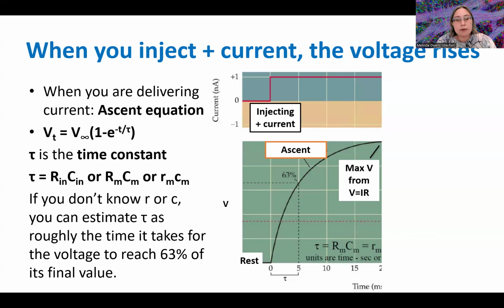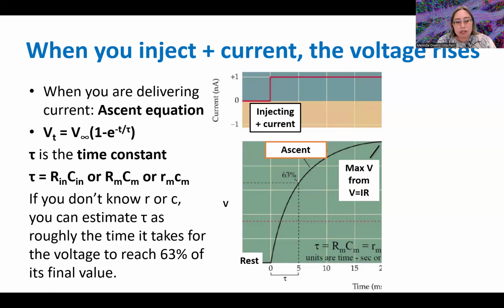If you have an input resistance but a specific membrane capacitance, you have to change either the R or the C in order to match the other. So you could have both be the input, like input resistance times input capacitance, or both be specific per area, so specific membrane resistance and specific membrane capacitance, or both be per length, but they got to match.